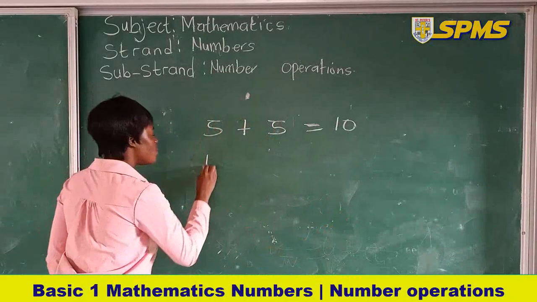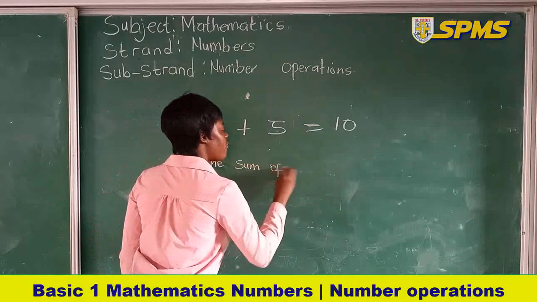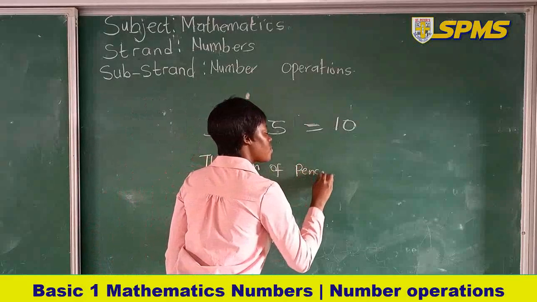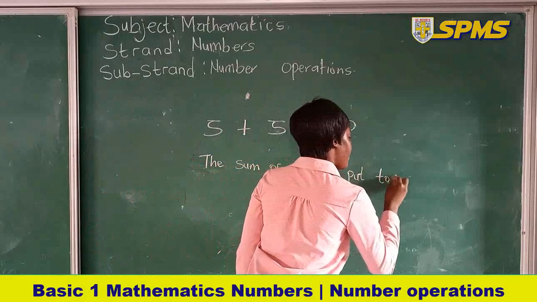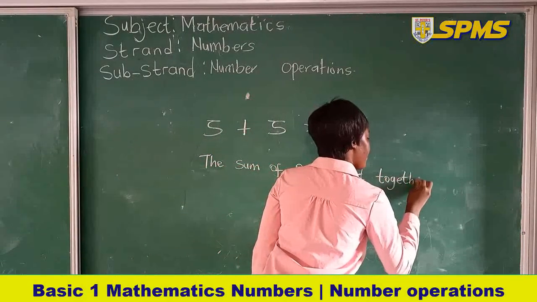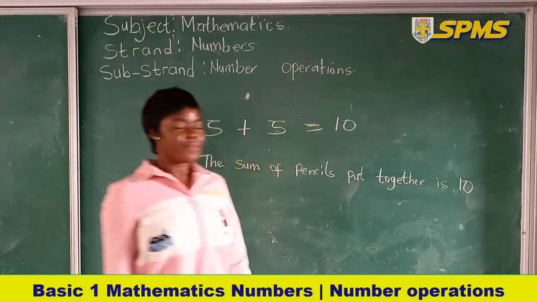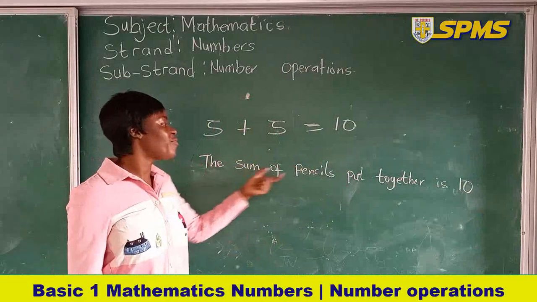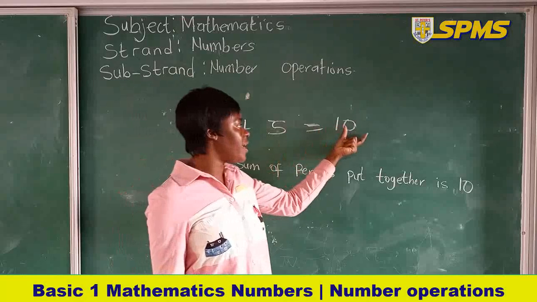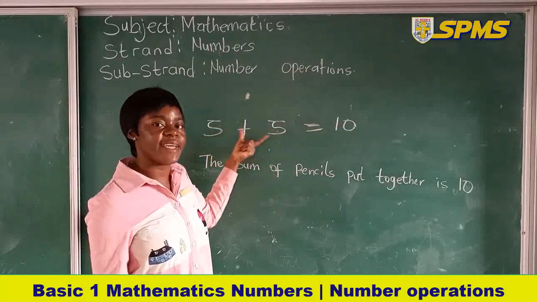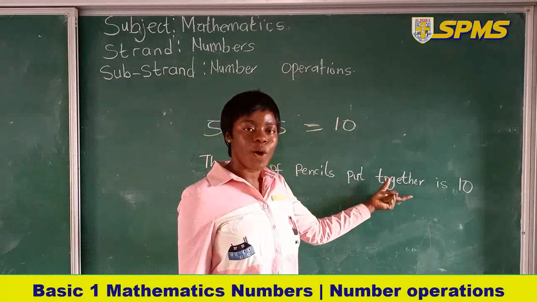The sum of pencils put together is 10. Very good. So after solving your problem in addition, when you add the addends together, you get the sum. You write it in a statement form.